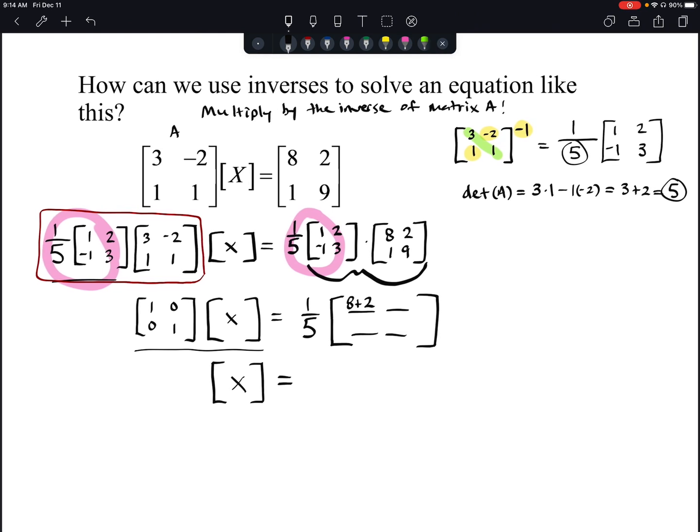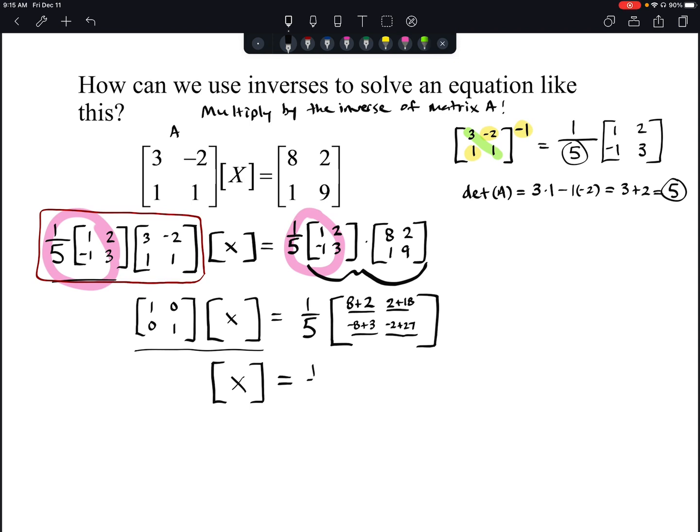Then we're going into row 1 and column 2. We've got 2 plus 18. Then we're down into row 2, column 1, so negative 8 plus 3. And then we're in row 2, column 2, we'd have negative 2 plus 27.